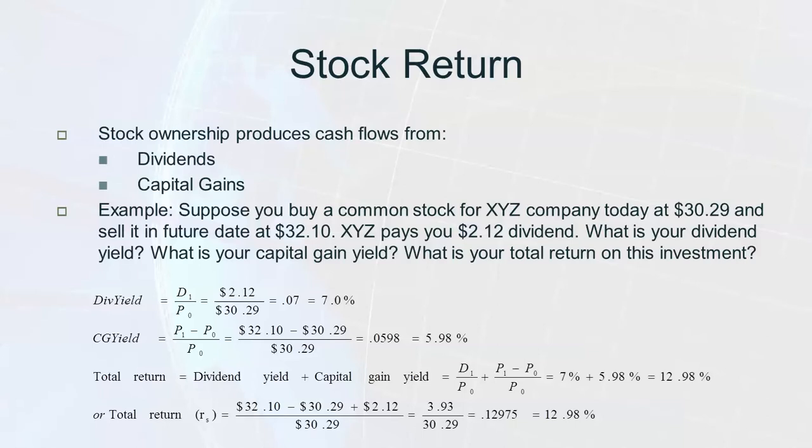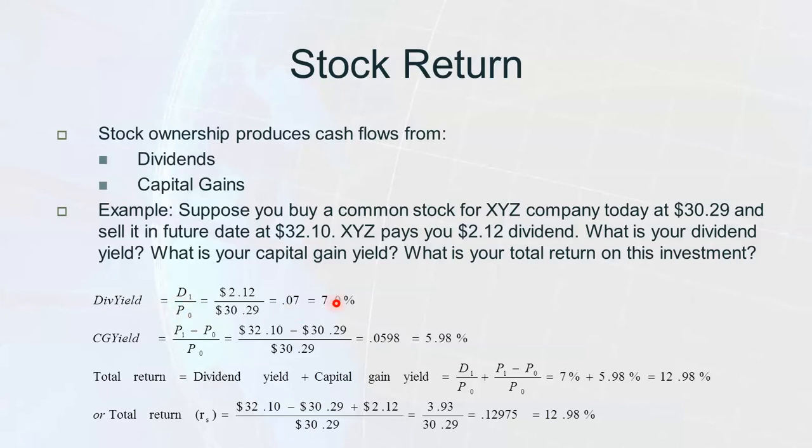First of all, total return equals dividend yield plus capital gain yield, as you're going to have a dividend and a capital gain. We need to find the dividend yield, which is the dividend at the end of the year divided by the price you paid.